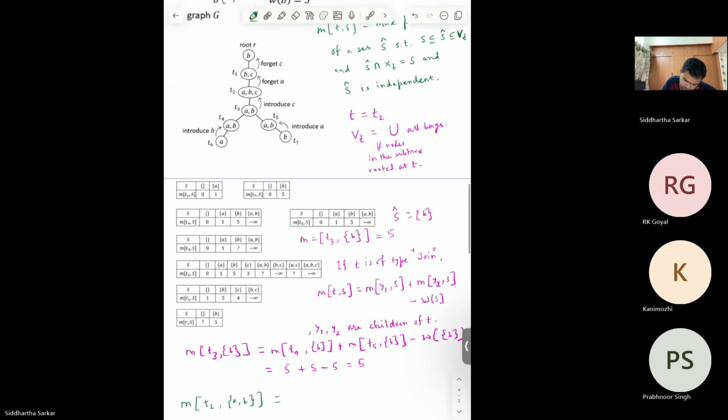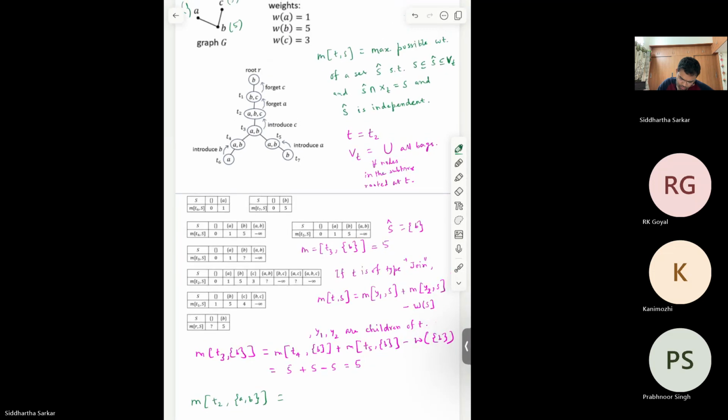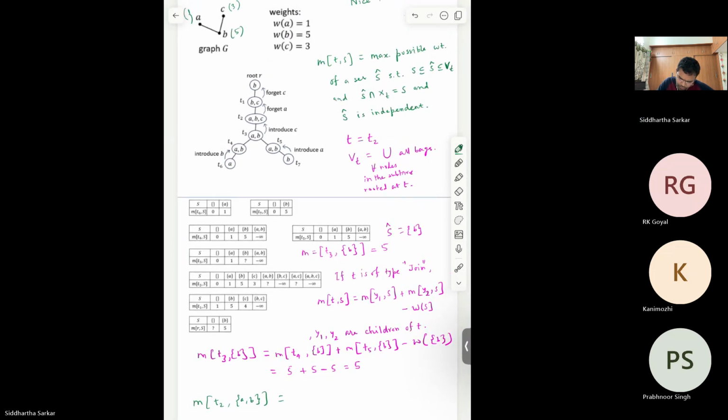It means that you want to find the maximum possible weight of a subset S-cap such that AB is a subset of S-cap, it is a subset of all the elements in these bags, the intersection of S-cap and the bag of T2 is S, and S-cap is independent. So we can do all these things, or you can apply the formula.